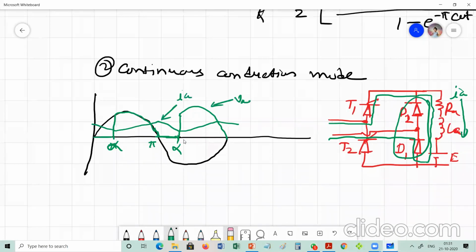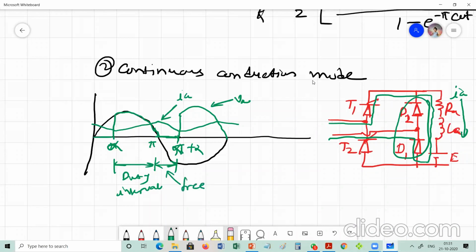From alpha to pi, the source is connected to the load, so this is the duty interval. From pi to pi plus alpha, the voltage is disconnected from the source and the current freewheels through the diodes D1, D2.